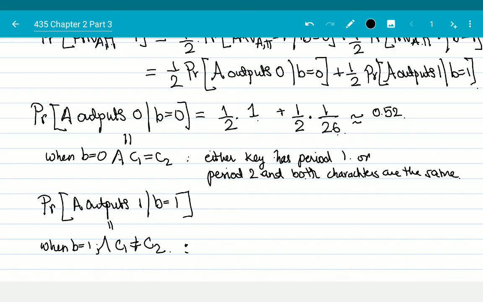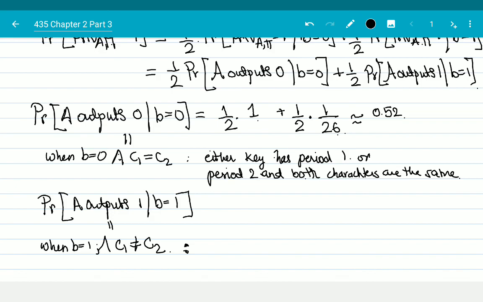Can't. If the key has period 1, then C1 is definitely equal to C2, right? Okay, so instead of calculating the probability of when it happens, let us calculate the probability of the only time it does not happen.